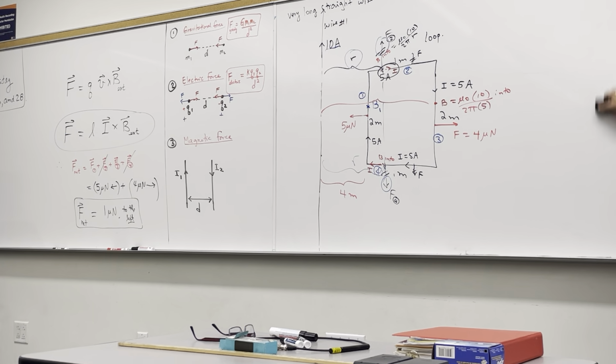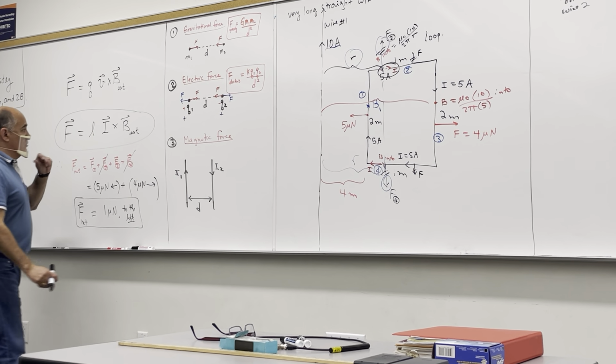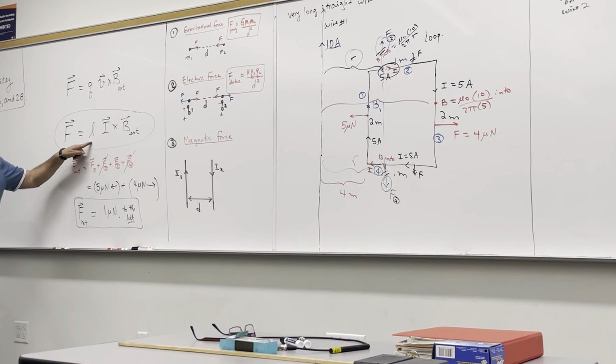So let me calculate the force on wire number 2. That will be this one here, right? What will be the force, the magnetic force, that wire number 1 will exert on wire number 2? Well, according to this expression, I want the force on wire number 2. So this will be the length of wire number 2.